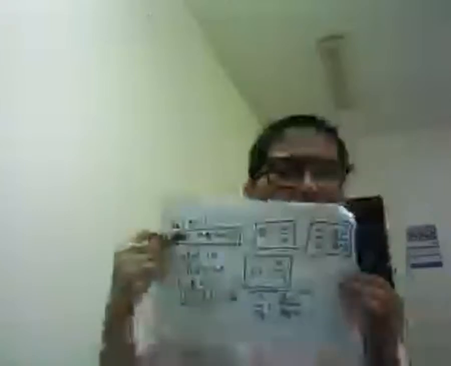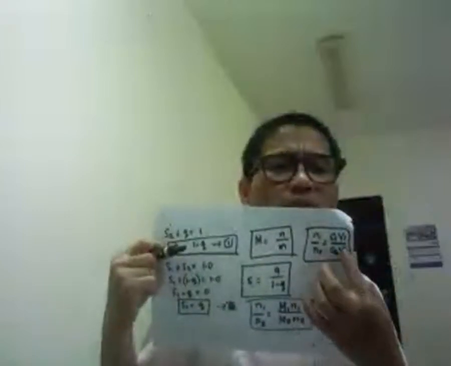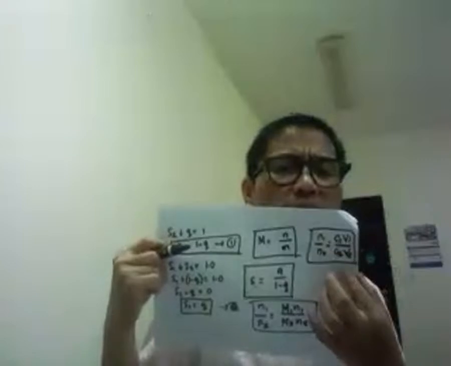So N1 over N2 is equal to C1 V1 over C2 V2.